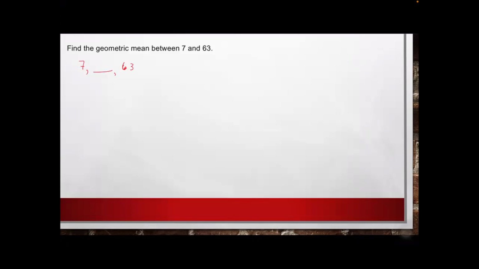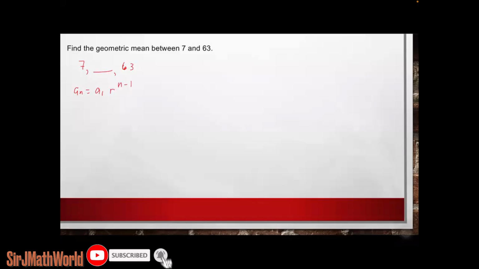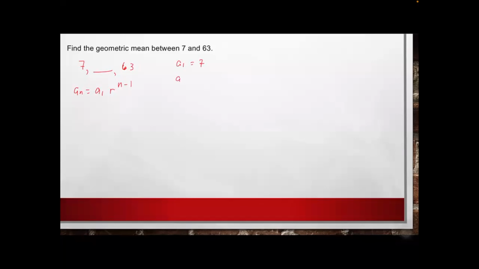Pero if you're going to use the general formula, our formula the last time is a sub n is equal to a sub 1 r raised to n minus 1. That's our formula for the geometric sequence. So in this case, a sub 1 is equal to 7. A sub n is equal to 63 and our n is equal to 3. This is 1, 2, and 3 terms.